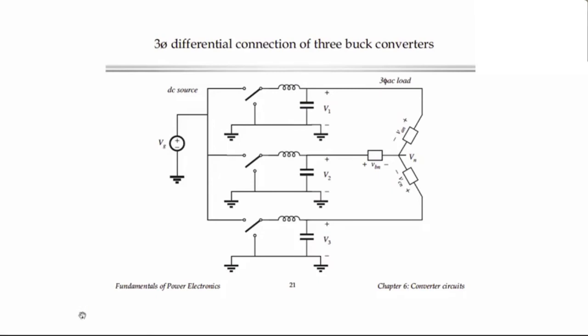As before, we can change the filtering, and again, instead of filtering the voltage from one phase to ground, we might instead want to filter the AC voltage. So we can move these capacitors across the AC load.